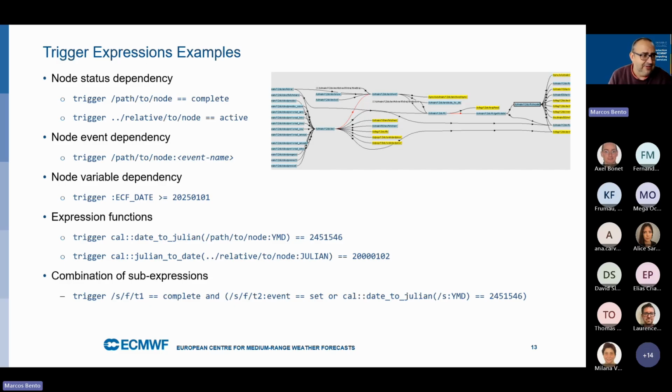You can have variable dependencies. You want the date, and this is a generated variable, to be larger than the 1st of January 2025. You can use the expression functions as I mentioned, and of course you can combine them with and or operators and parentheses.